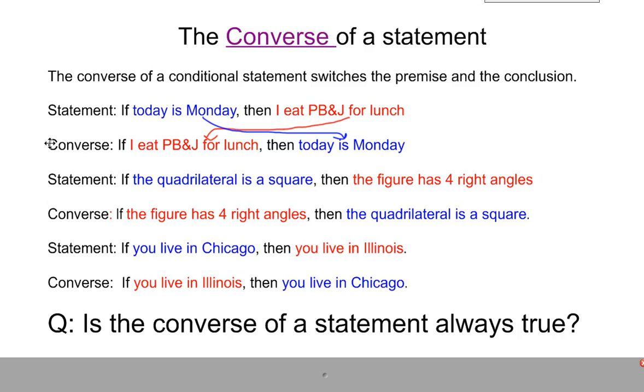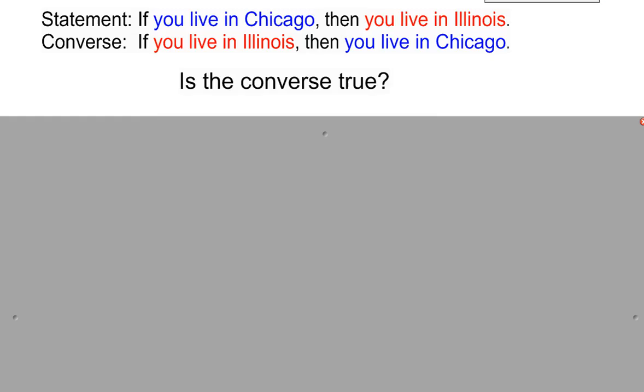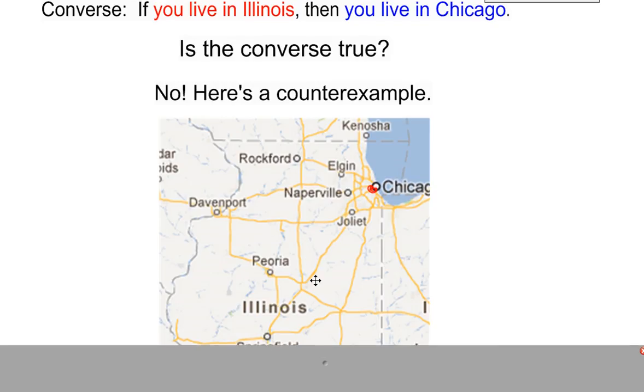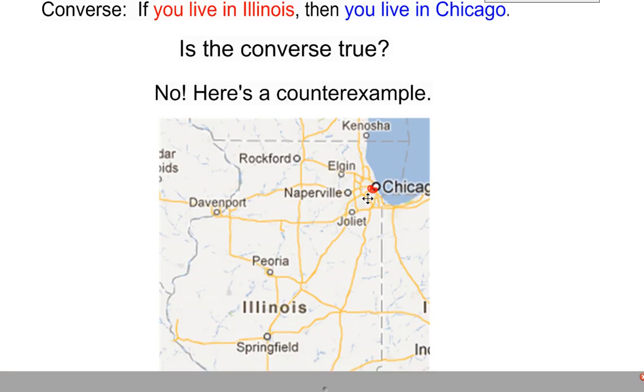Let's take a third example. And the third example was Chicago. So the statement was, if you live in Chicago, then you live in Illinois. And the converse was, if you live in Illinois, then you live in Chicago. Is the converse true? In other words, if you live in Illinois, does that mean the only city you can be living in is Chicago? No, of course it's not true, because you can be living in any one of these lovely cities.